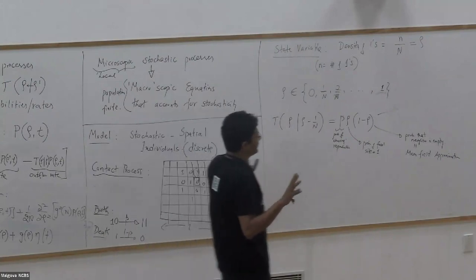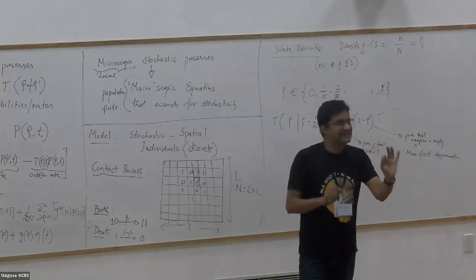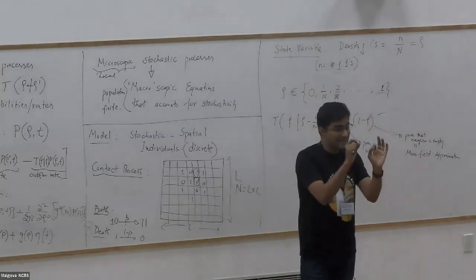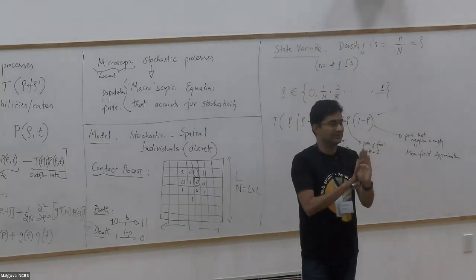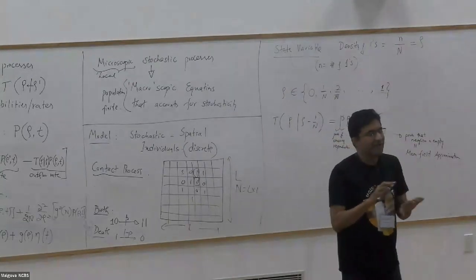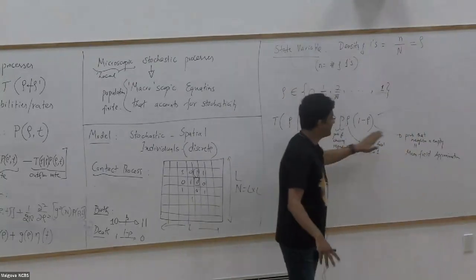If the total density is rho, the probability of any site being occupied is rho. The probability of a neighbor being occupied or unoccupied doesn't depend on the neighbor's state. So two nearby cells will have states which are uncorrelated. That's an assumption I made here.